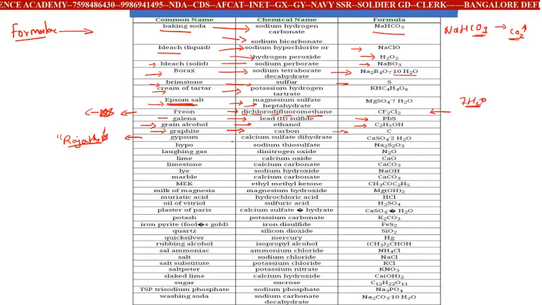That is Rajasthan. The chemical name of gypsum is calcium sulfate dihydrate, and the formula is CaSO4 2H2O. Very important, CaSO4 2H2O. Next you have hypo, sodium thiosulfate Na2S2O3, and laughing gas, dinitrogen oxide, N2O.